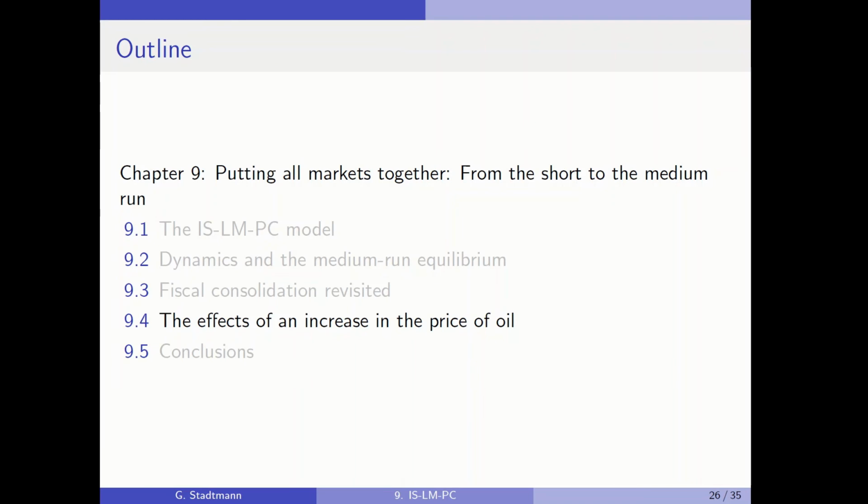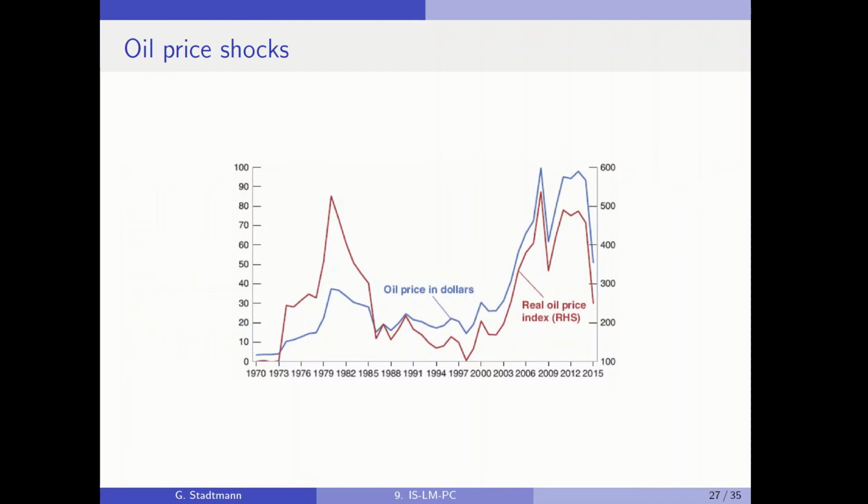Let's have a look at Chapter 9.4, where we want to discuss the effects of an increase of the oil price. This figure stems from the textbook, and we have two lines over time in this diagram. The blue line is the oil price in US dollars, and this has to be read against the left axis.